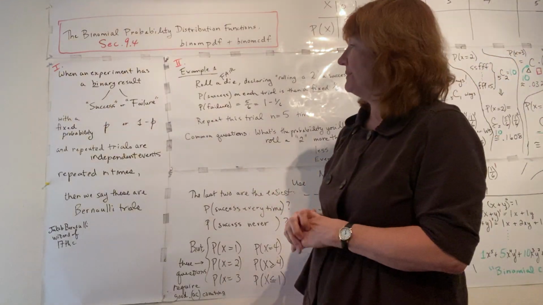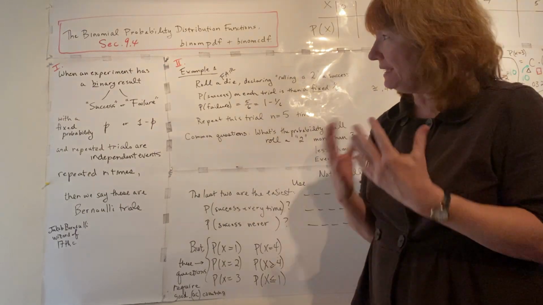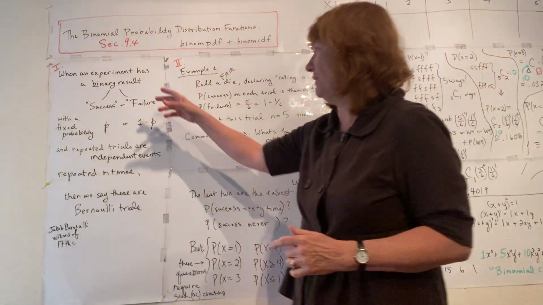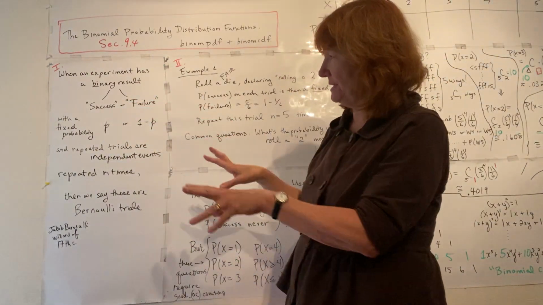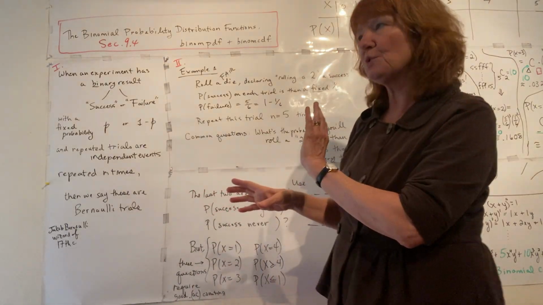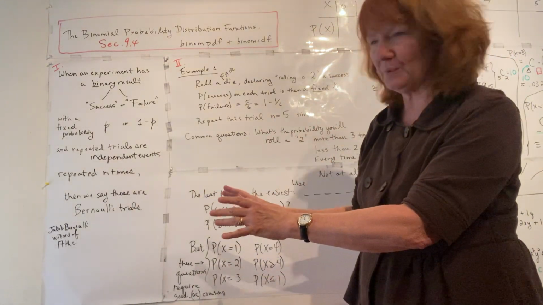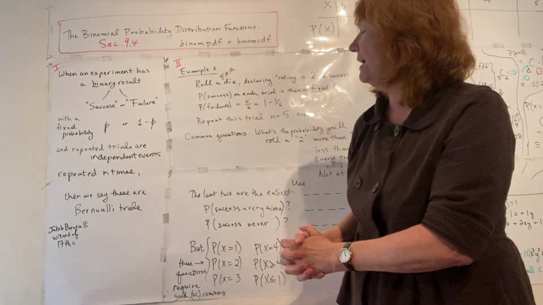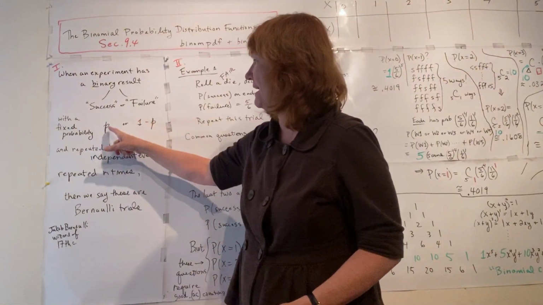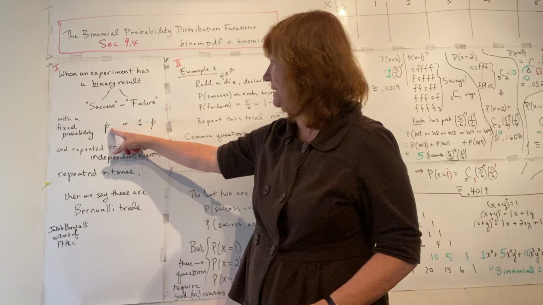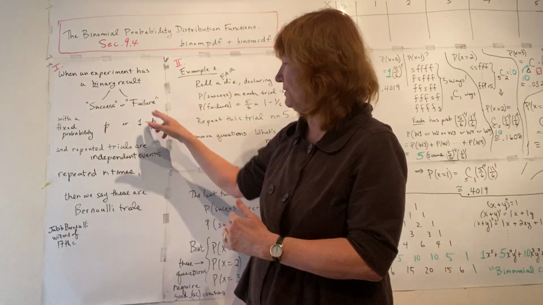All right, so if you have an experiment that always has a binary result, two things, one of which you could decide to call a success and the other one call a failure. And the success has a fixed probability, P, so the only alternative is failure.